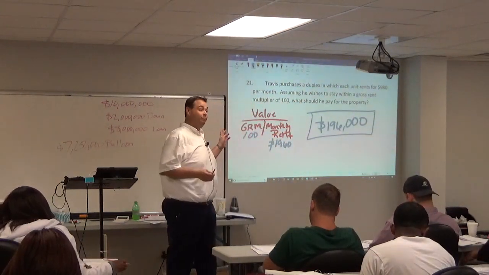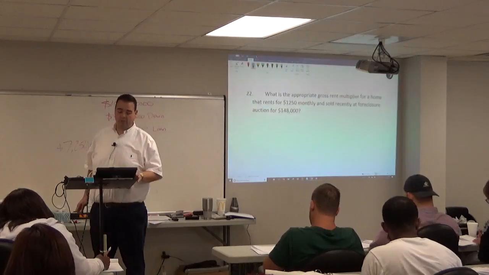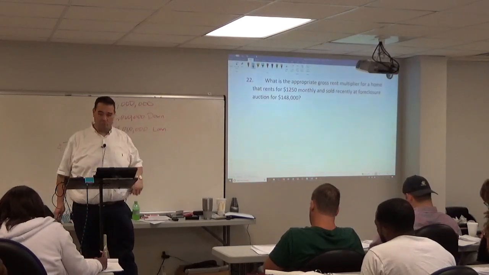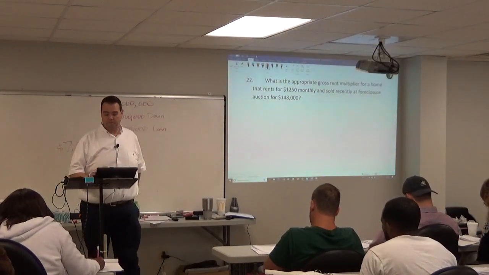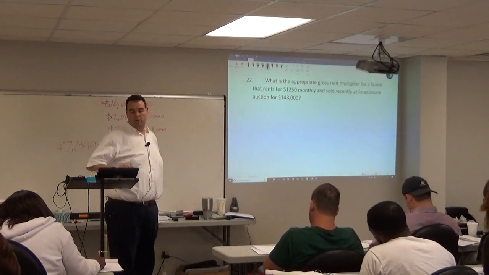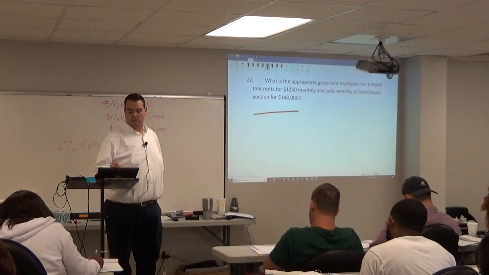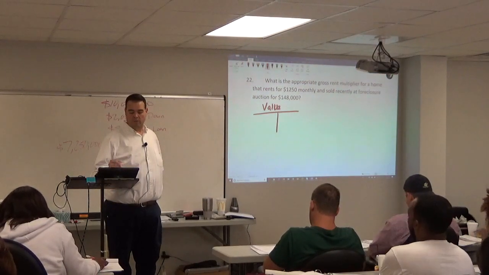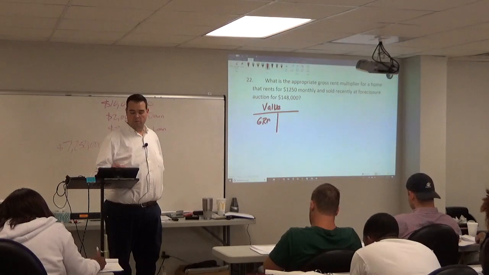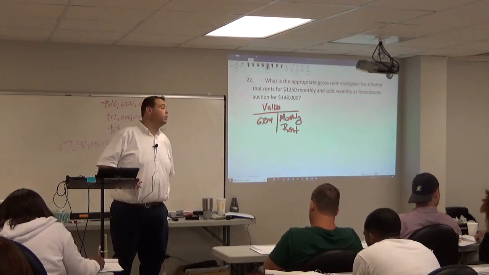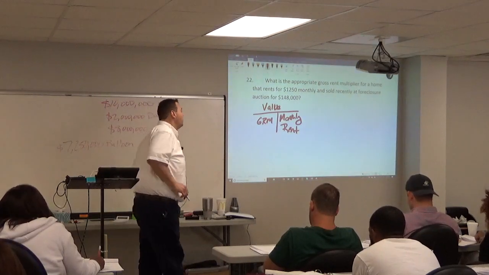So everybody good? Okay. So look at number 22 then. You go ahead and do number 22. It's the last question in the packet. Should we just do the whole number, not the decimal point?